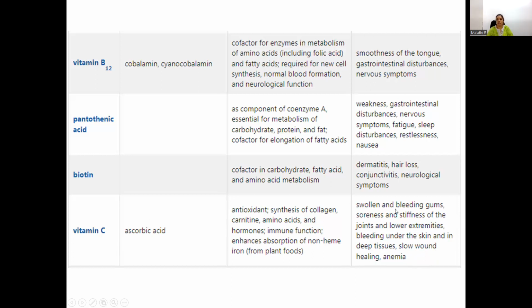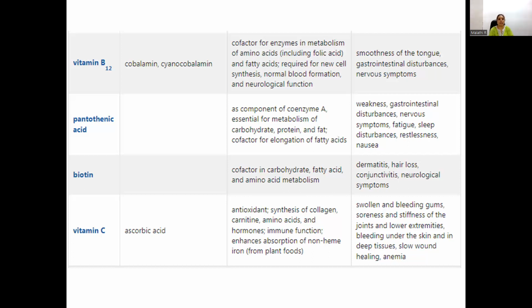Bleeding gums are because of vitamin C deficiency. If collagen is synthesized properly with the help of vitamin C, bleeding gums will not happen, nor will bleeding under the skin or in deep tissue. This is one of the major deficiency symptoms of vitamin C.